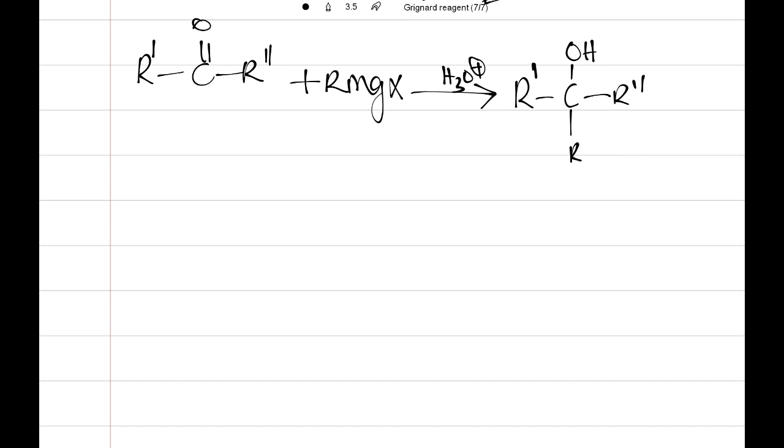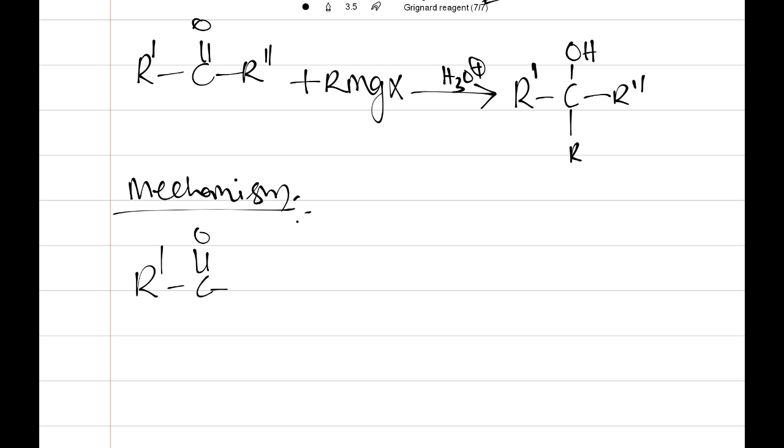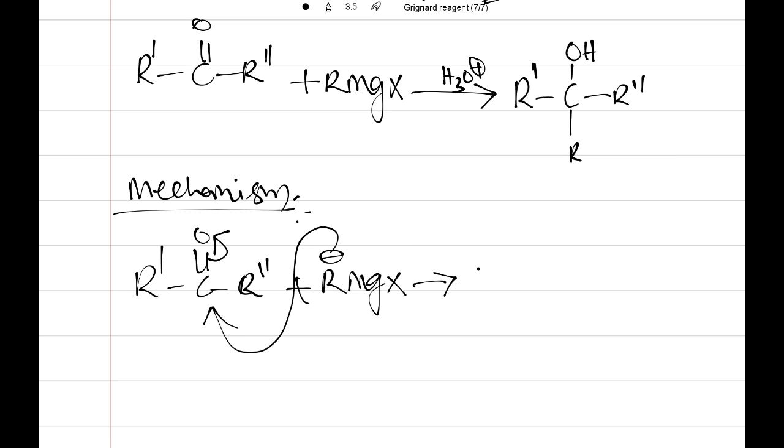Okay, right. If you observe the mechanism, in the very first step I am taking R dash C double bond O R double dash. When this reacts with RMgX, here the R group has a negative charge. This is attached to the electrophilic carbon of this ketone. Now we can get R dash C single bond O minus and MgBr, connected with the R and R double dash.